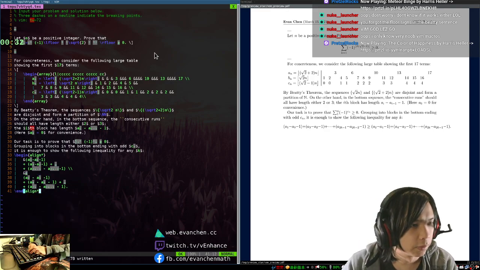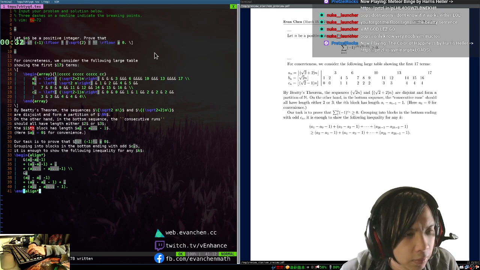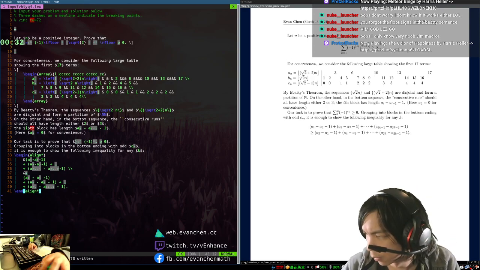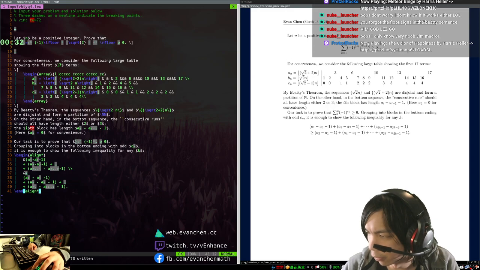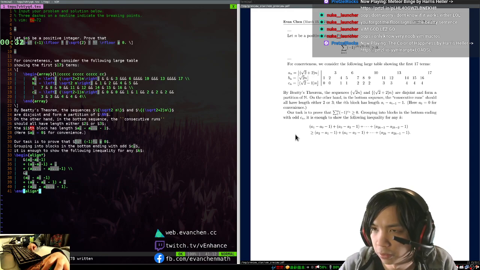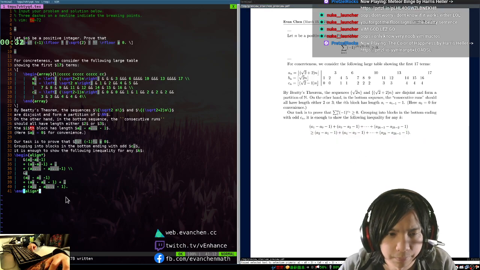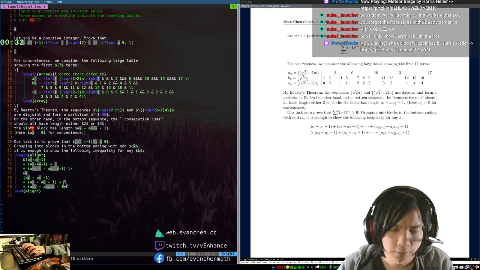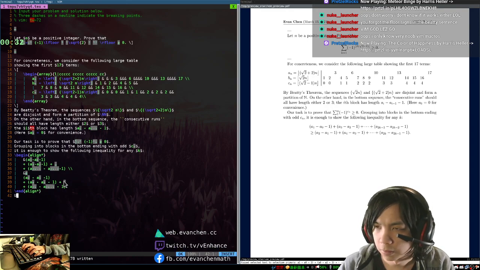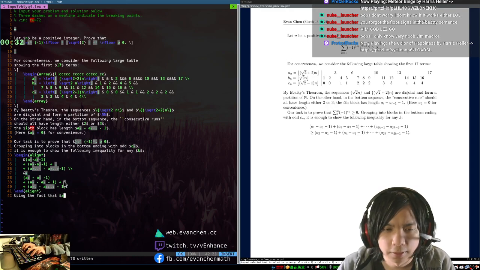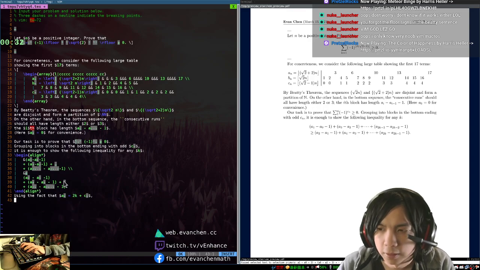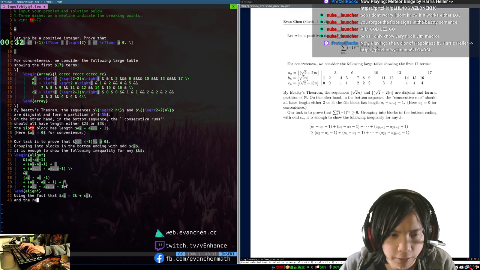Okay, do we agree we wanted to use, I called it B in the thing, but using the fact that AK equals 2k plus CK and then rearranging appropriately.